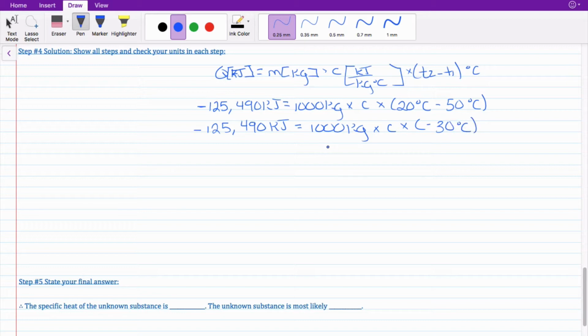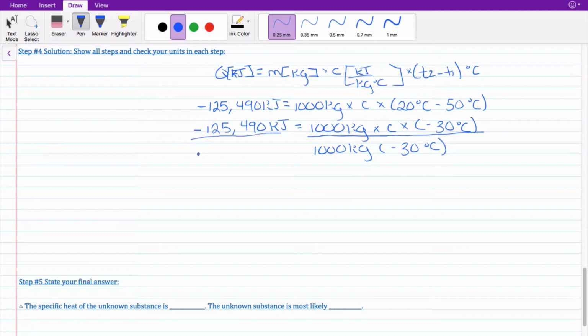Now if we rearrange the formula to get specific heat by itself, you would divide by 1,000 kilograms times negative 30. Do that to each side.